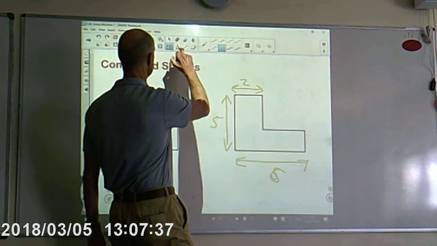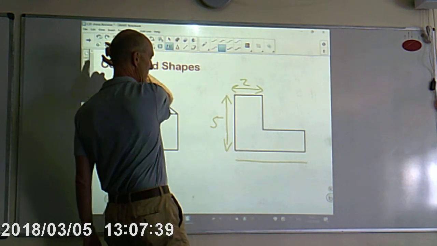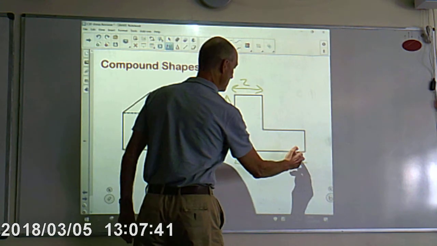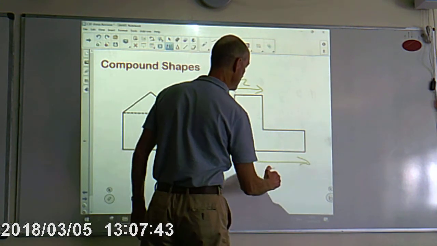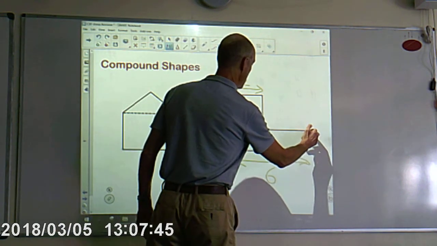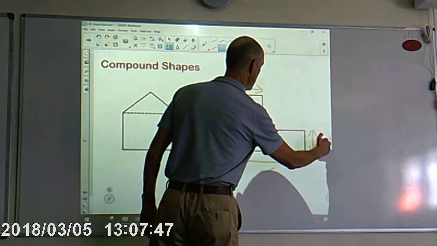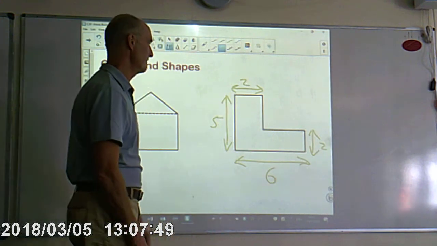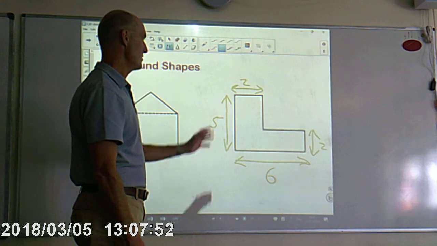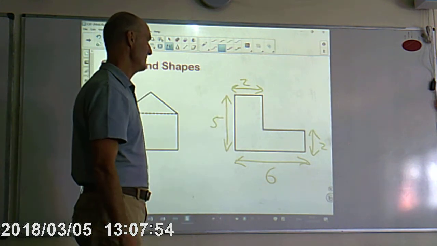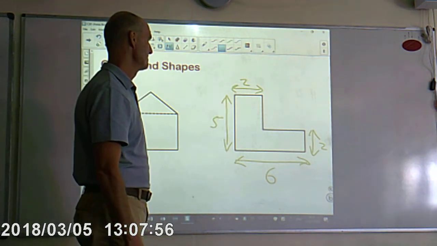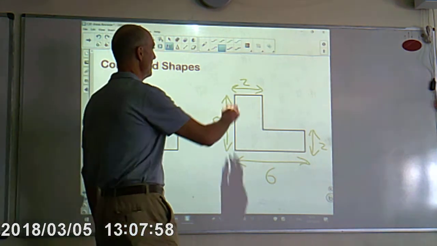That's not very neat, is it? So let's go back. 6 centimetres. Like that, 2 centimetres. So they might give you those pieces of information. Can we now work out the area of that whole shape with that information? Yeah, do you know what, we can. Right, we could do it like this.